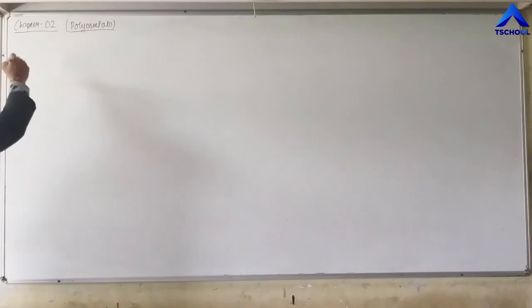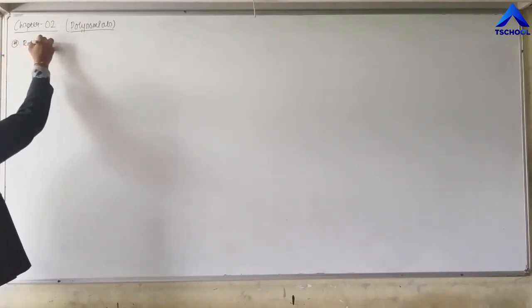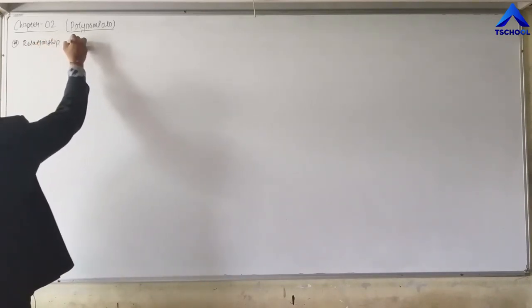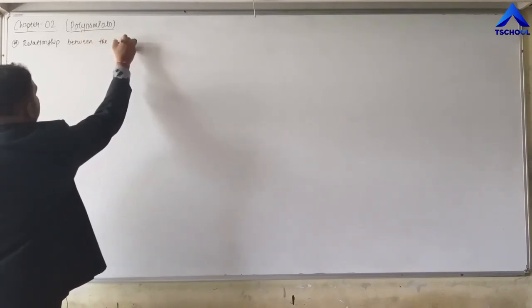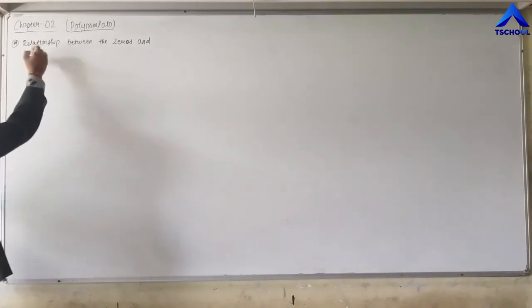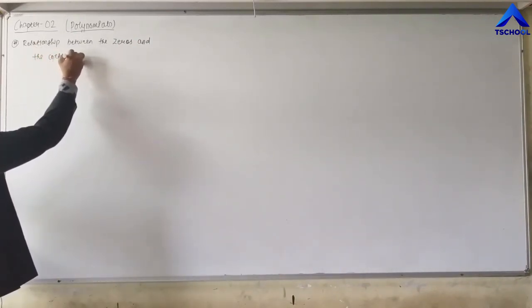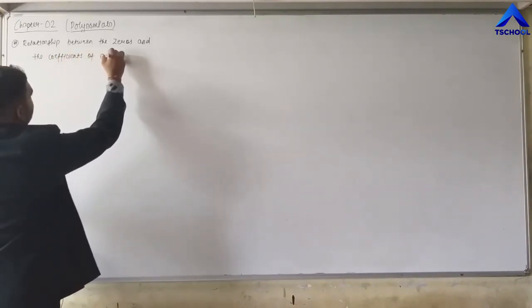Second topic of today, that is the relationship between the zeros and the coefficients of a polynomial.